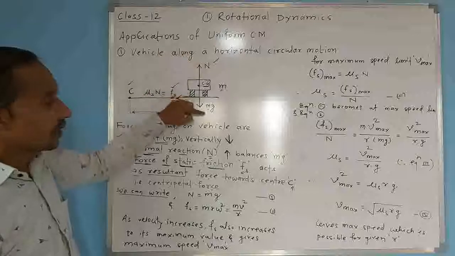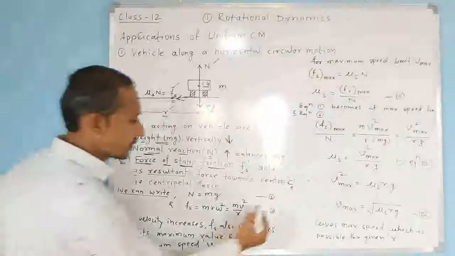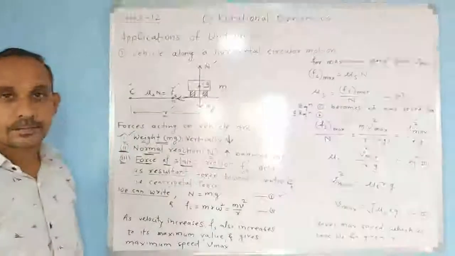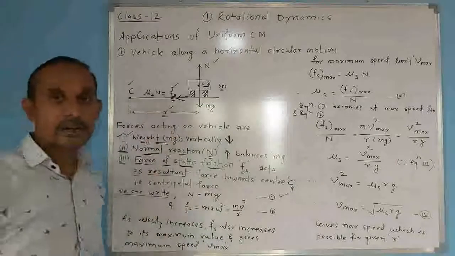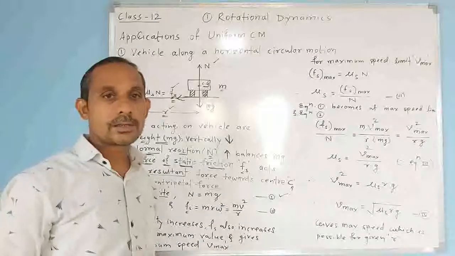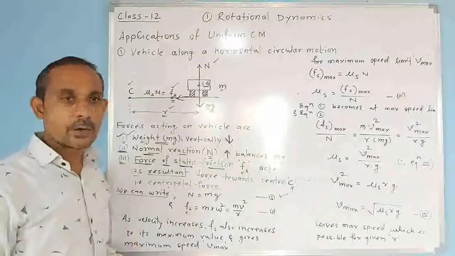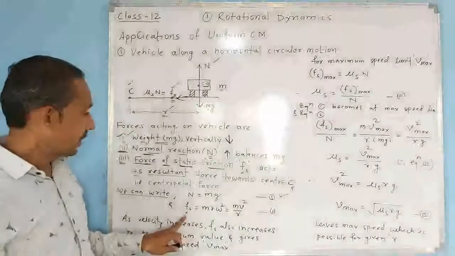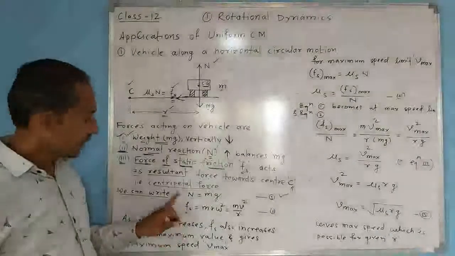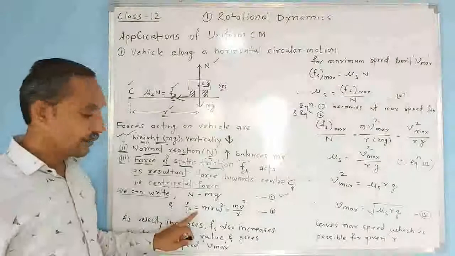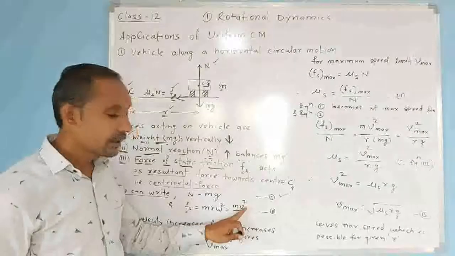N is equal to mg. This is equation 1. Then Fs, the force of static friction, acts as the centripetal force. Fs means centripetal force, and centripetal force we know in terms of the angular speed or linear speed.